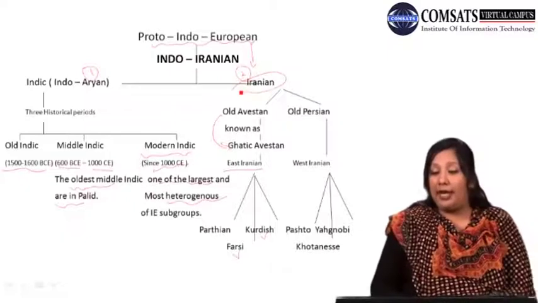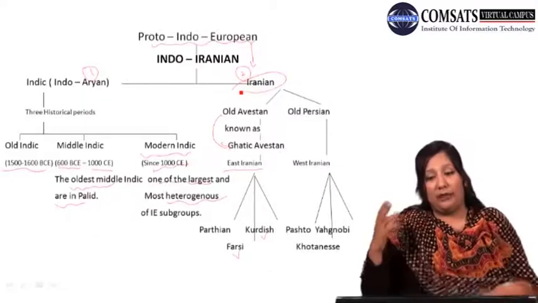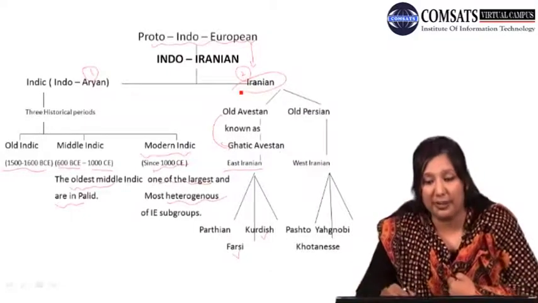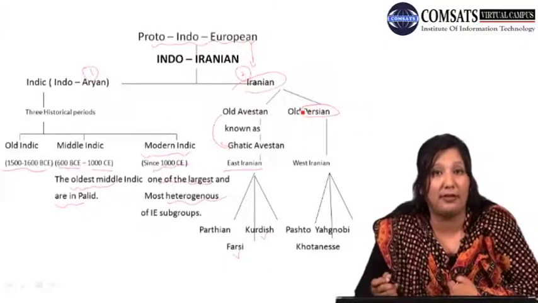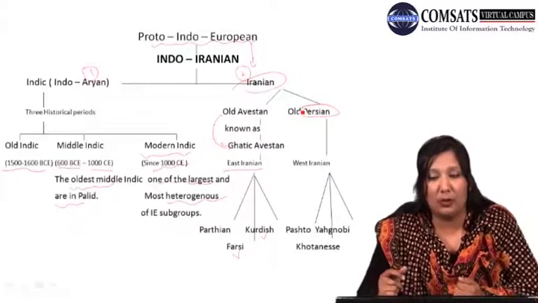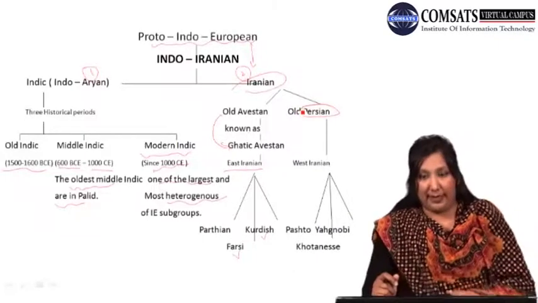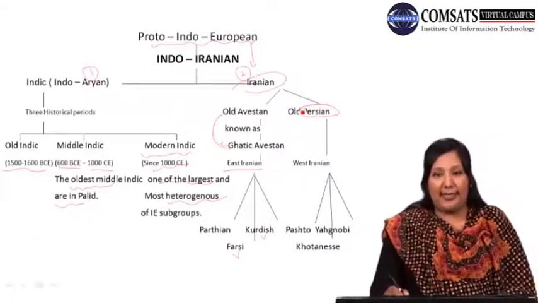Then, on one hand we were saying there is Old Avestan, and on the other hand, on the right, there is Old Persian. Persian is a very famous language that we know even in our region. This Old Persian comes from Iranian. It is further subdivided into West Iranian.